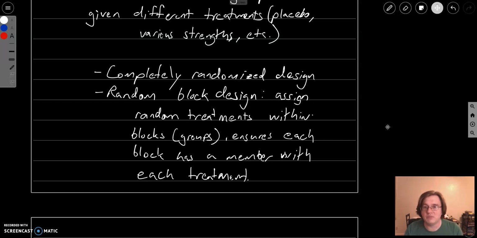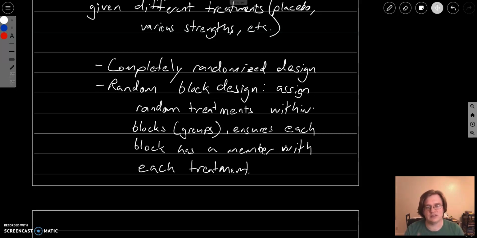It would not be a good experiment design to give all of the men the treatment and all the women the placebo, or vice versa. What would be better would be to choose a random block from the men and a random block from the women to get the treatment, and a random block from the men and women to receive the placebo. This will make sure that we're not accidentally seeing effects from being men and women rather than the treatment versus the placebo effect.